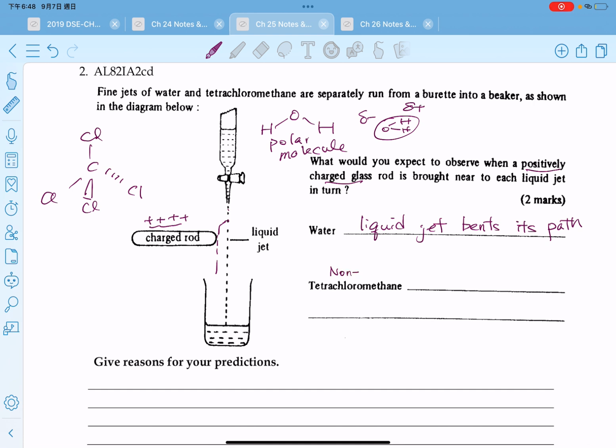Non-polar molecules means there is no delta positive or delta negative. The electron distribution will be evenly distributed. Hence, they will not be attracted by the charged rod.